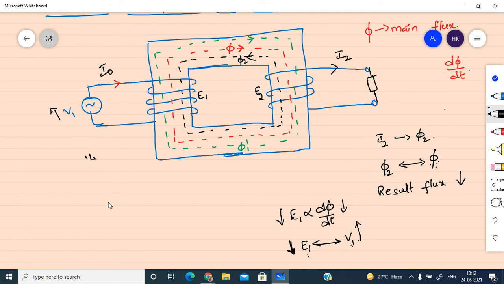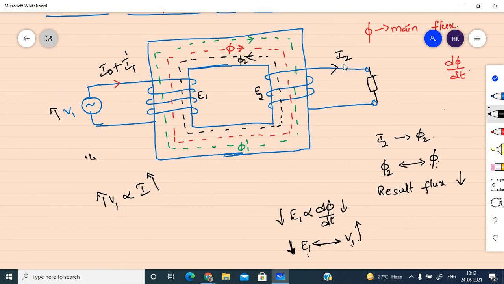So due to this increase in voltage, if V1 increases, current is directly proportional, so current will also increase. Therefore, the transformer, in addition to this no load current, whenever you connect a load, draws an additional current, assume it as I1 dash, because of the load.